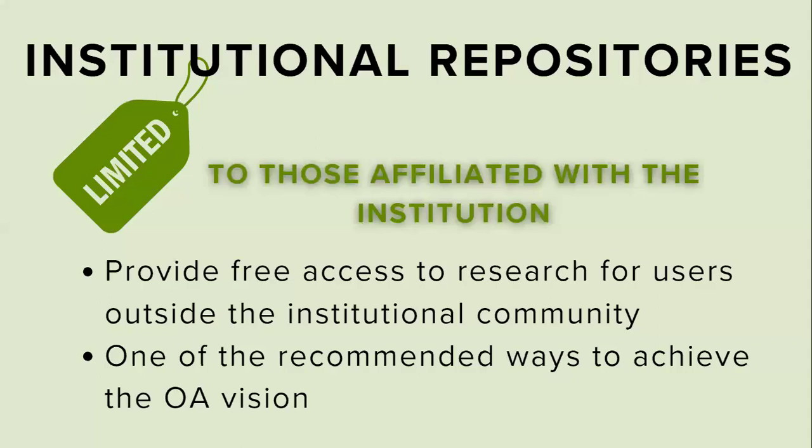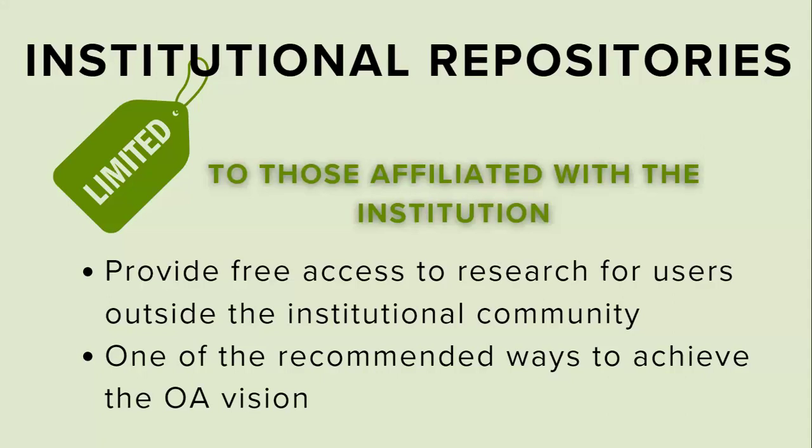So, to differentiate between institutional and disciplinary repositories, an institutional repository is normally limited to those affiliated with the institution. So who can deposit? Only staff members in the institution. But who can see or read the abstract and get to know the title and the authors? Everyone.